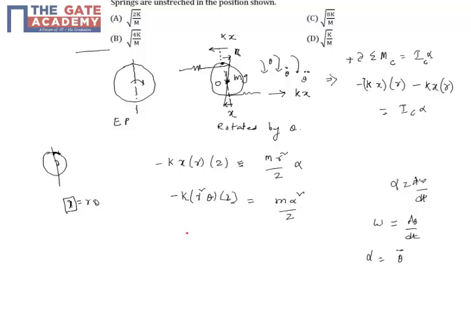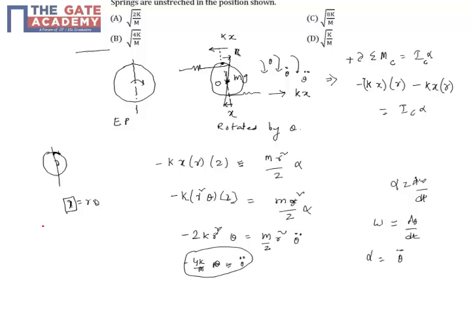So this can be written as minus 2k r square theta is equal to m by 2, so m r square into alpha. So r square alpha is theta double dot. So this entire thing we can write in this way: minus 4k by m theta is equal to theta double dot.